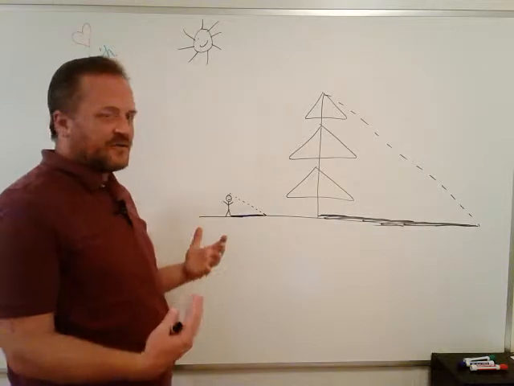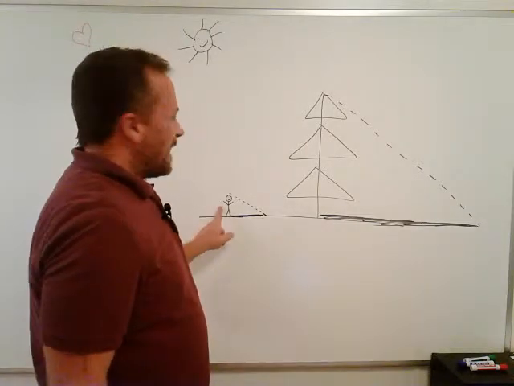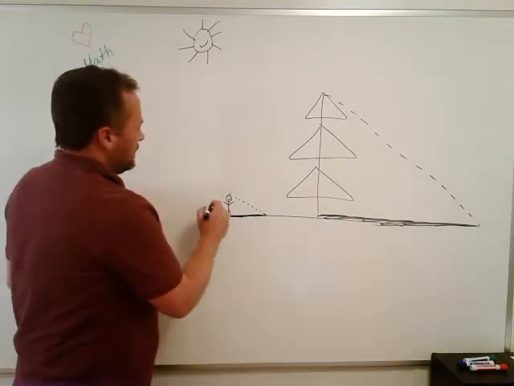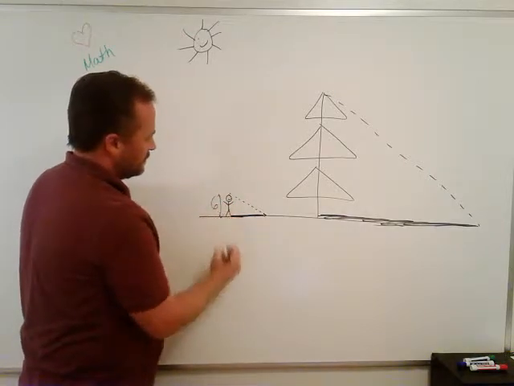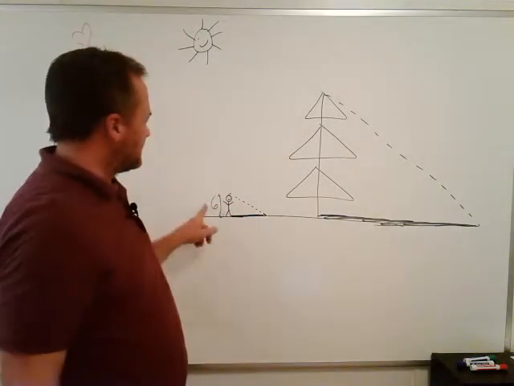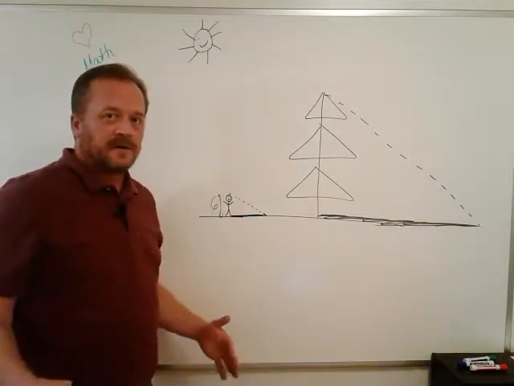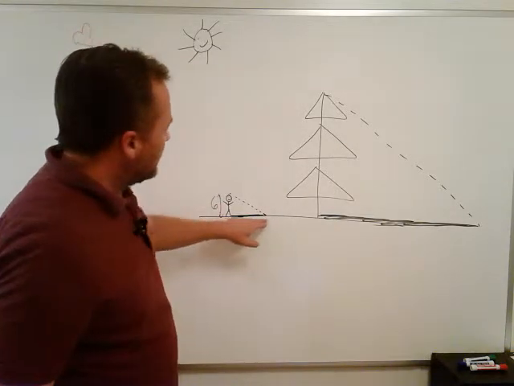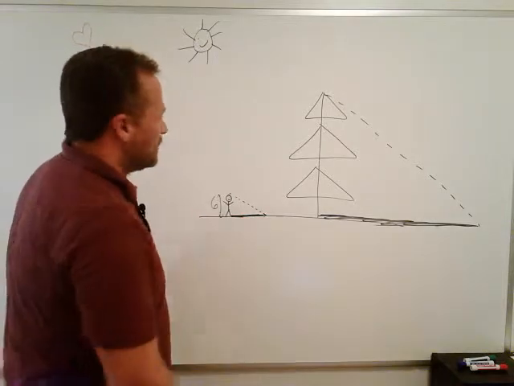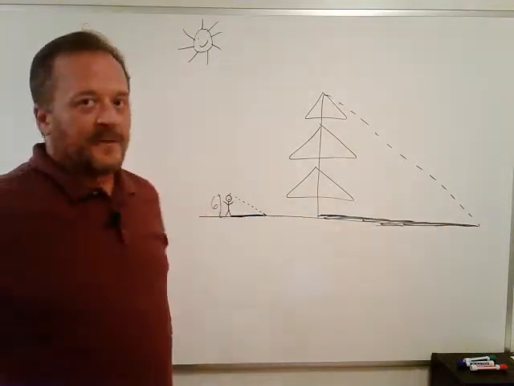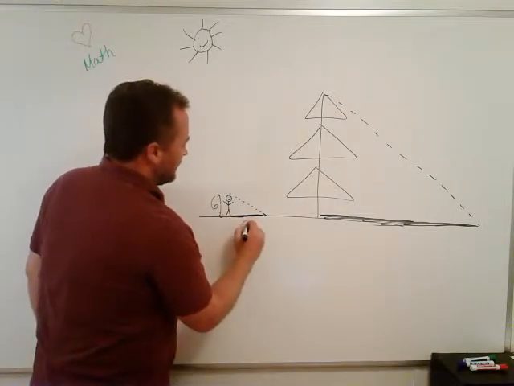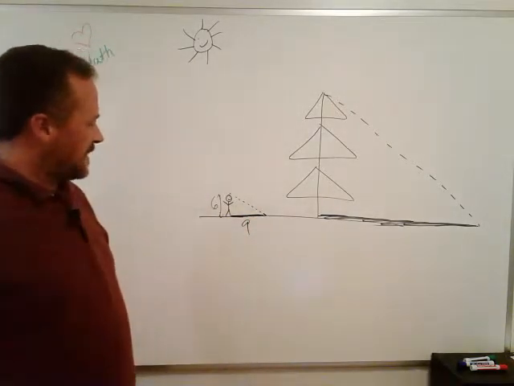So here's what I can do. First of all, I know me. I am 6 feet tall. So my side right now is 6 feet, okay? Then I'm gonna go out here and I'm gonna measure my shadow. And we're going to assume that when I put the tape measure down and measured my shadow, it was 9 feet, okay?